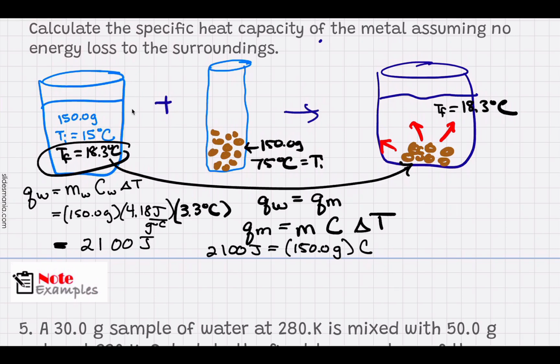I don't know the specific heat. And then I'm going to do the delta T, but I'm going to do the absolute value of the final temp minus the initial temp. So when I do this, I'll get a positive number. If you wanted, you could keep this negative and not do absolute, and you'll get a positive. But either way, you're solving for specific heat capacity, and those are always positive.